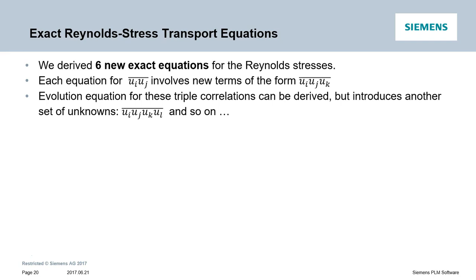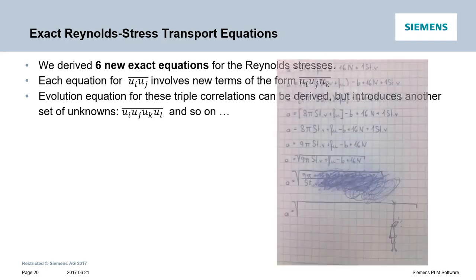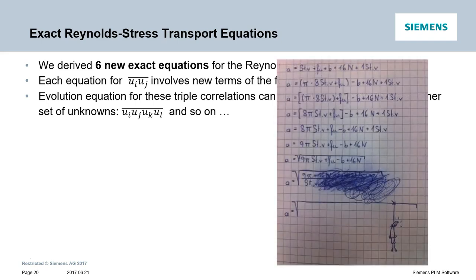So we started with the first moment or mean equations and we got second moment terms as unknowns, and we tried equations for second moments or Reynolds stresses and got third moment terms as unknowns. And if we try equations for third moments, we'll get higher order moments as unknowns. So we already see it's not going in the right direction.